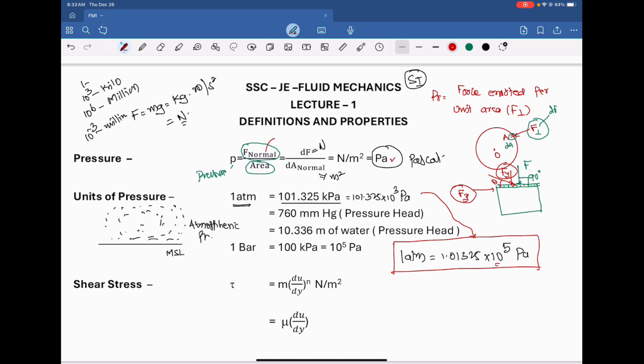the pressure can be expressed in the head of the fluid also.